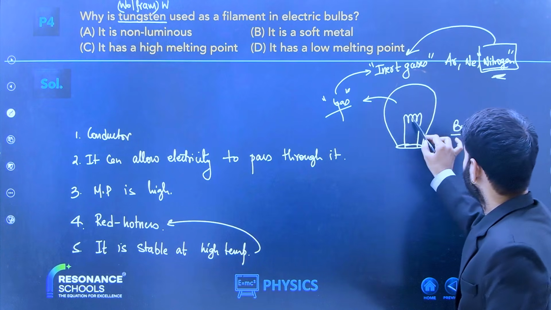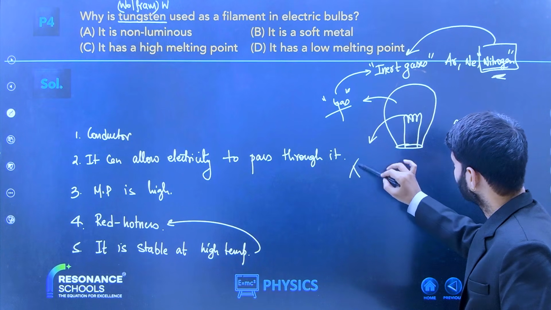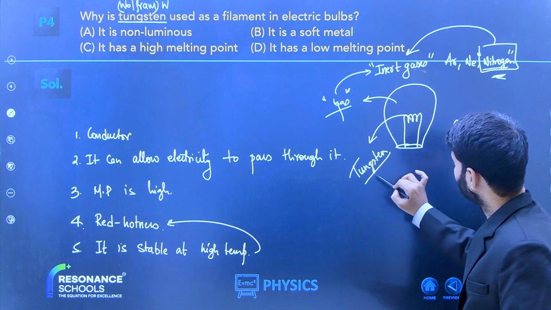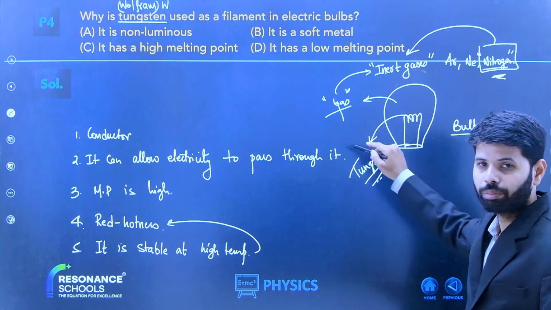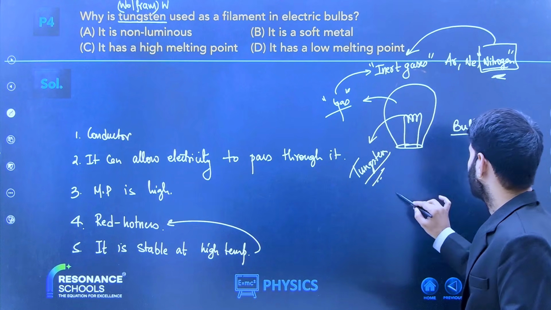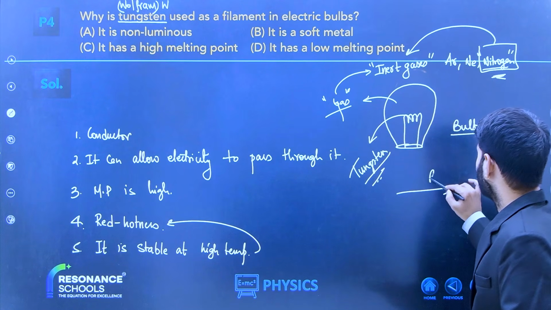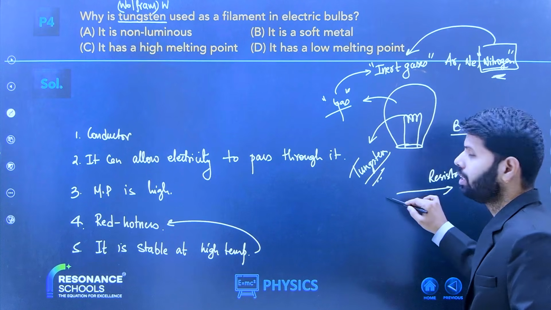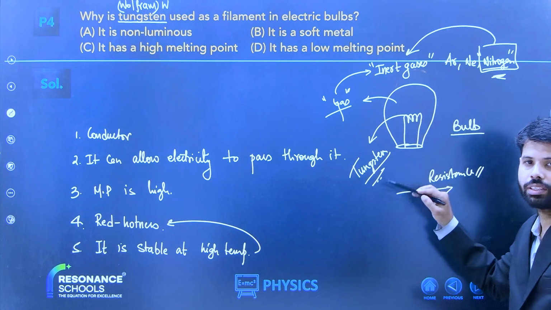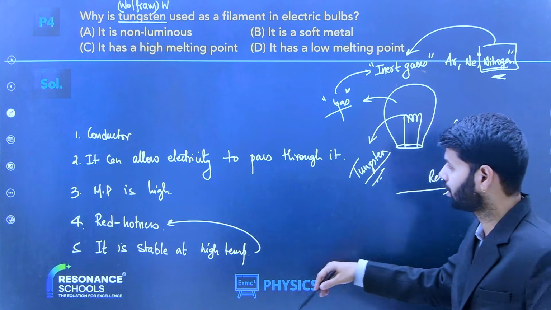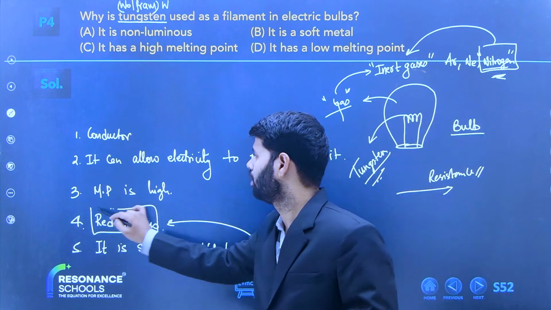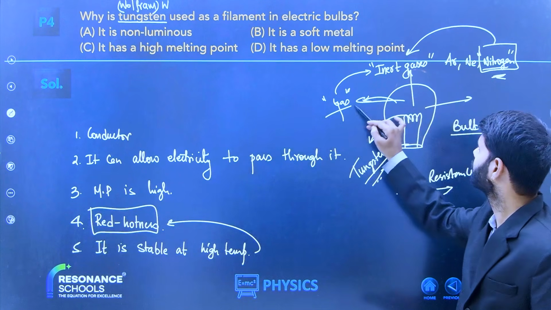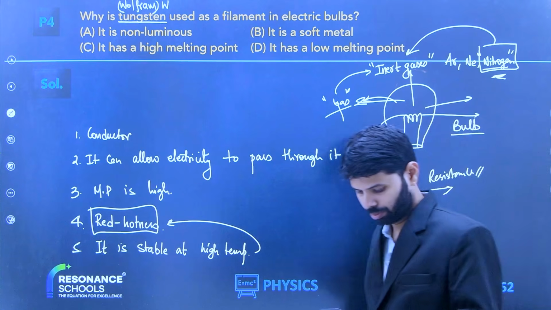These are inert gases. But here tungsten is present. Now tungsten gets hot because of resistance. When electric current passes through it, there is a resistance. Due to that resistance, what happens? Its temperature starts increasing, and that's why it gets red hot, very hot, and at that time starts producing light. So this is the working of the bulb.